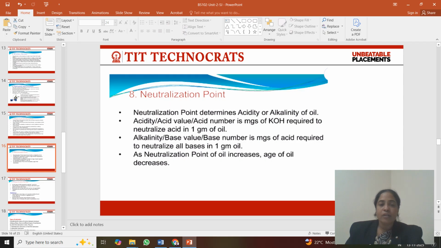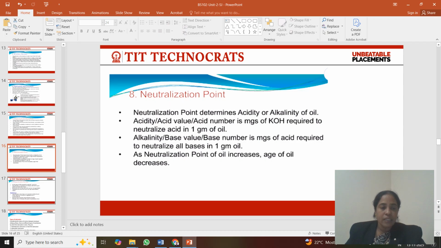And this property of oil is helpful to check the expiry date of the oil. That means if the neutralization point occurs before the time, some kind of alkali metals are contaminated in the oil, that gives some kind of volatility to the oil, as well as makes the oil unsuitable for the machinery parts.